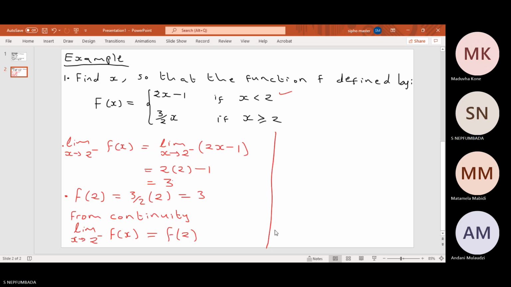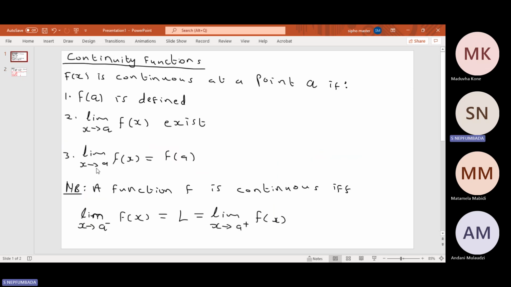Therefore, it means f is continuous at x equals 2 because we get the same solution. Remember, we used this one. Are we good?